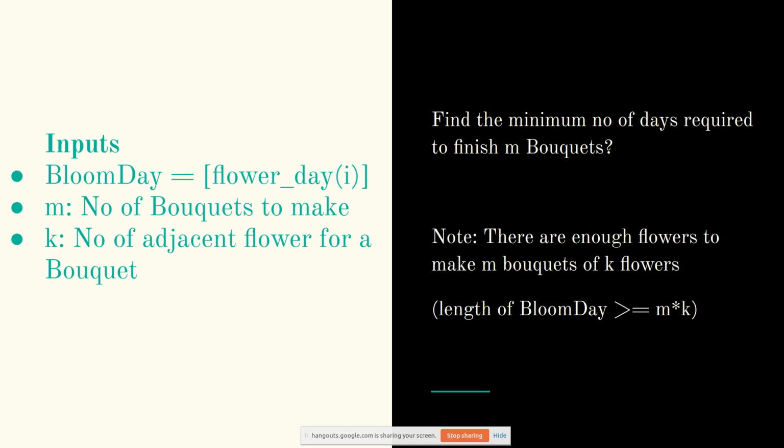But our assumption is the length of the bloom day array is greater than or equal to m into k. That way, we are guaranteed that we finish the m bouquets of flowers.